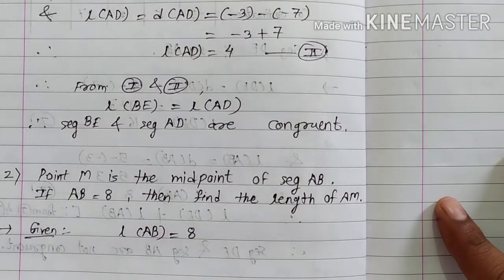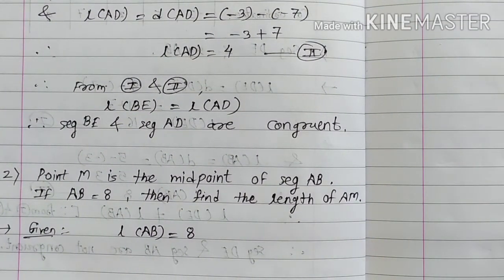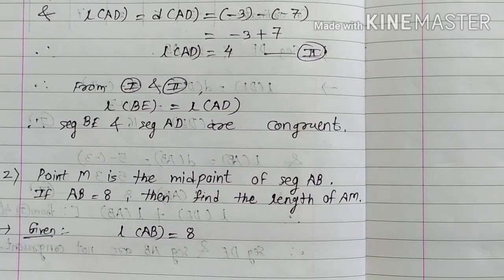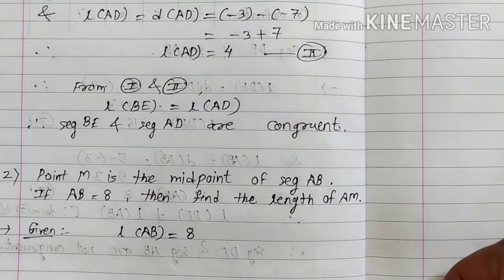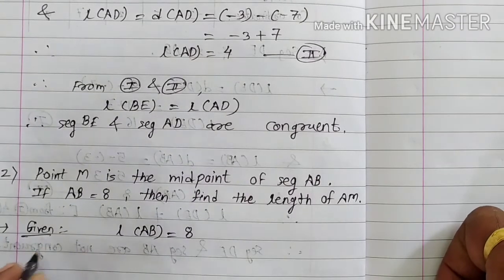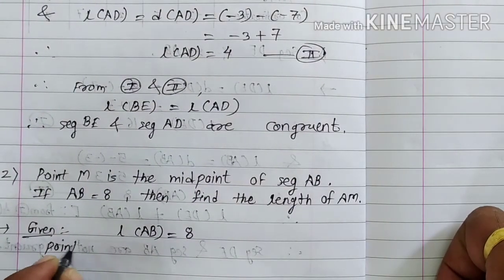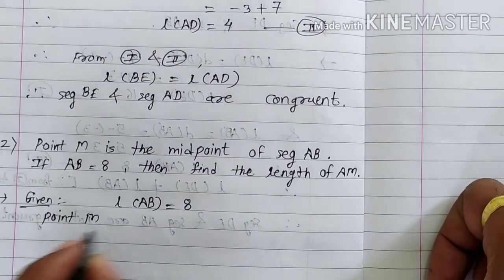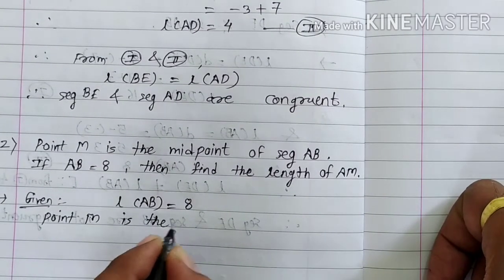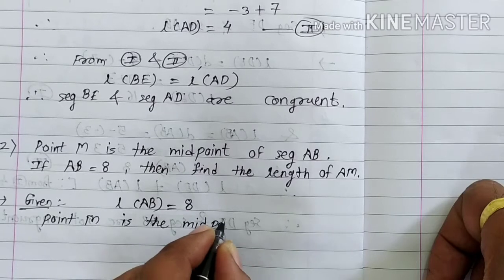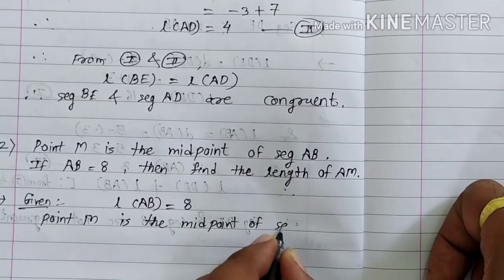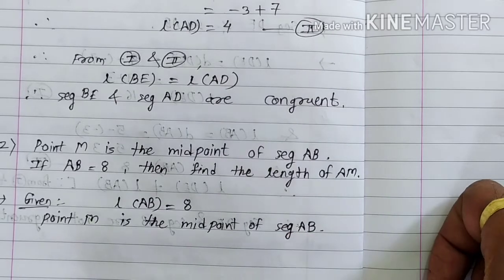Now the next example we have to solve: point M is the midpoint of segment AB. If AB equals 8, then find the length of AM. Here length of AB is given as 8. Point M is the midpoint of segment AB.